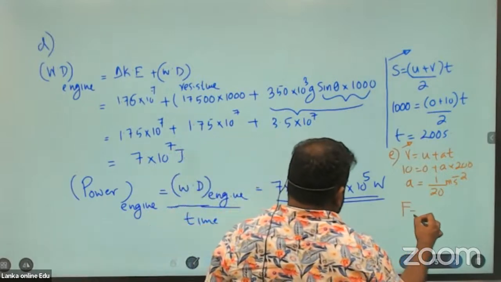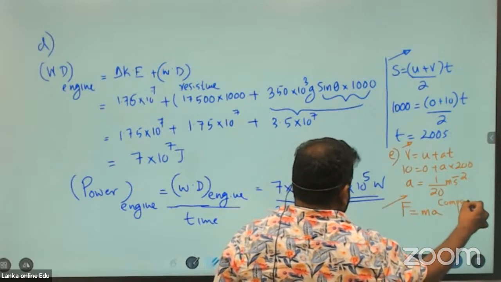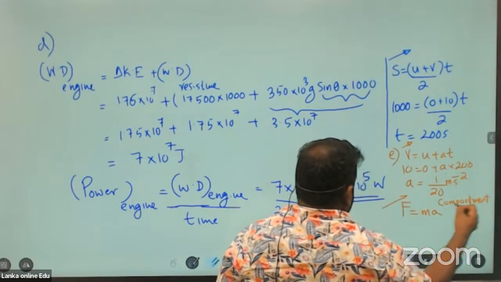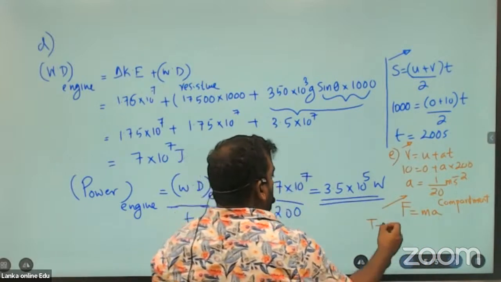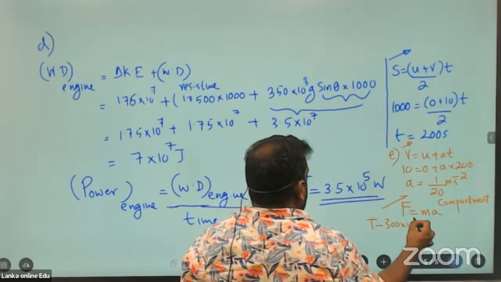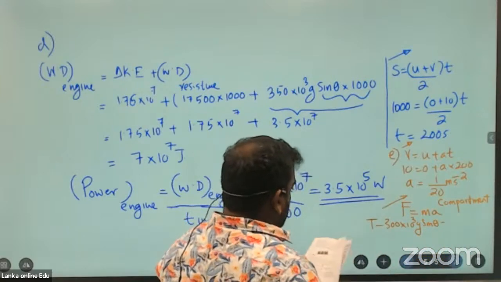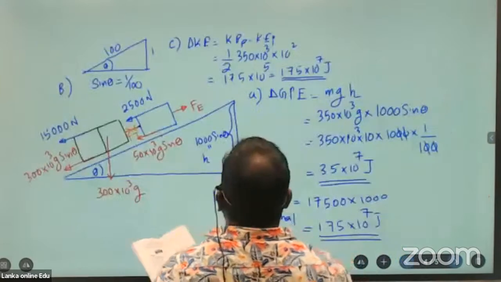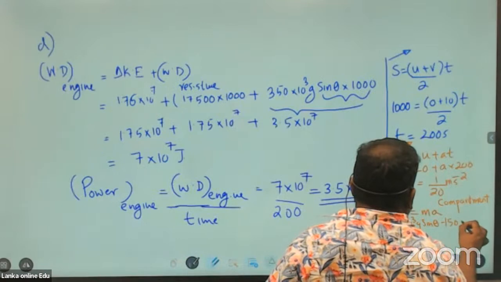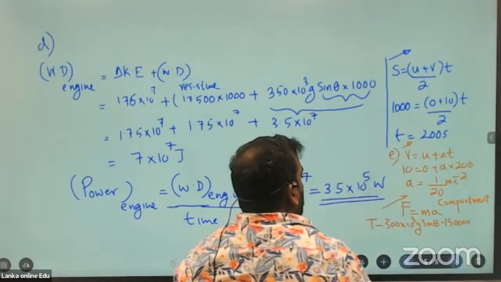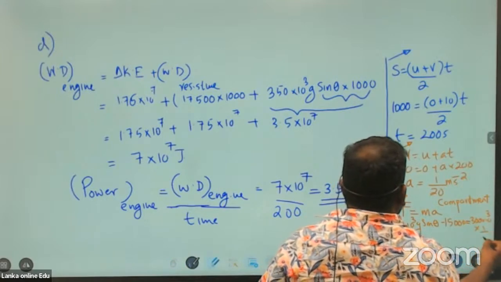Apply F equals ma for the compartment. Who is pulling the compartment? Tension. What is acting downwards? Component of weight, 300 × 10^3 g sin θ. Apart from that, you have resistive forces acting, here 15,000. Mass into acceleration: mass is 300 × 10^3, acceleration 1 over 20.